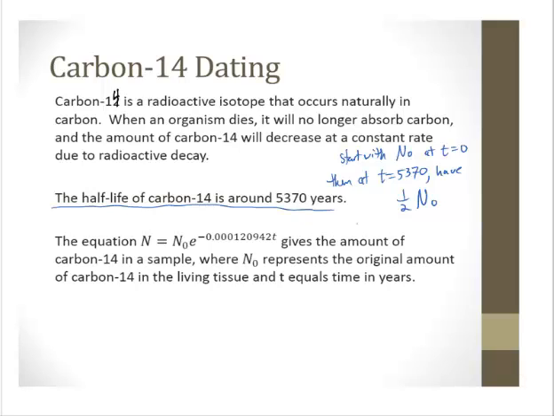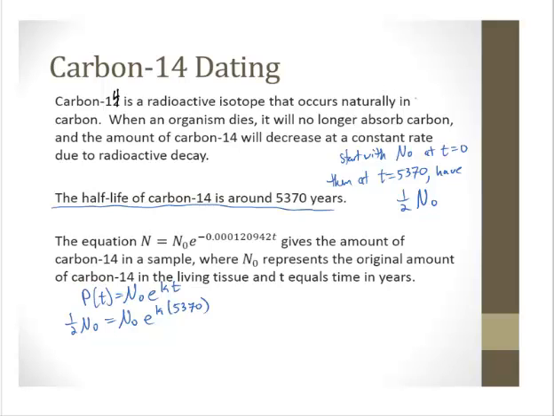So if we assume an exponential model, we can say N of t is some initial amount times e to the kt. Well, then when t is 5,370, we would have half of the initial amount equals N naught e to the k times 5,370.